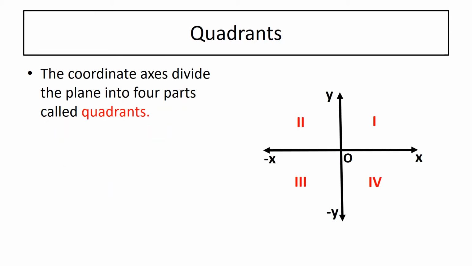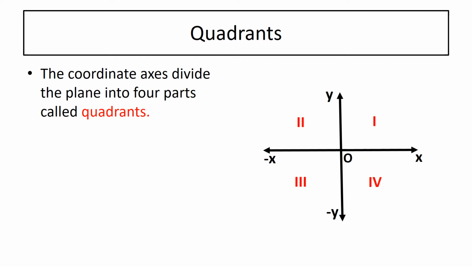Quadrants. The x-axis is denoted by x and minus x, where OX is showing the positive direction of x and O minus x is showing the negative direction of x.